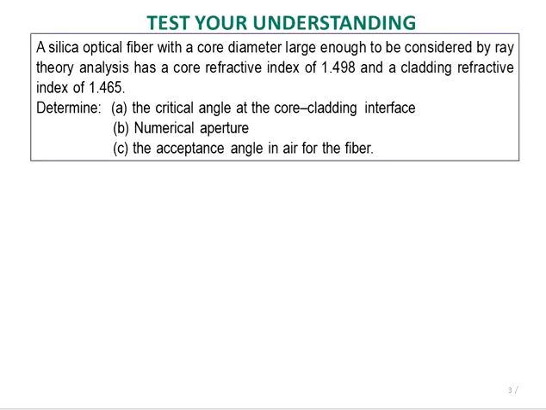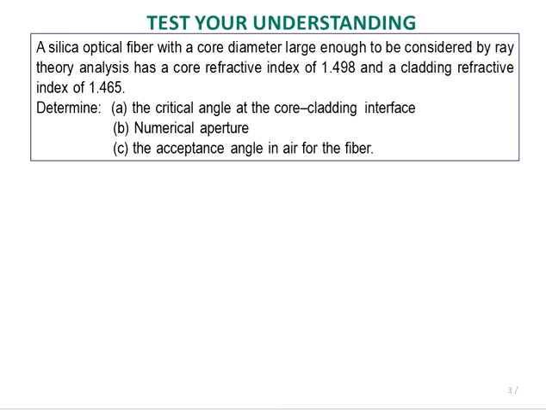A silica optical fiber with a core diameter large enough to be considered by ray theory analysis has a core refractive index of 1.498 and cladding refractive index of 1.465. Find the critical angle, numerical aperture, and acceptance angle.